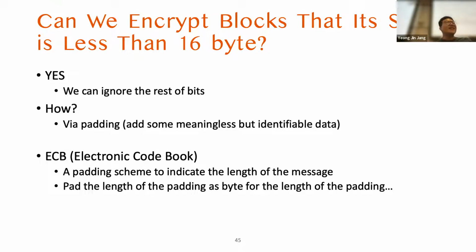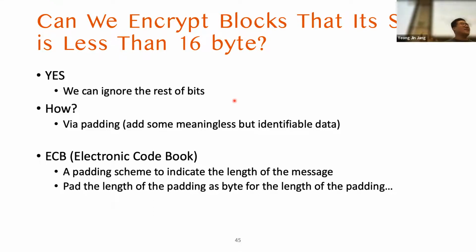We cannot distinguish that. So to make it explicit, there is a block scheme, so-called ECB, Electronic Code Book. It is a padding scheme that lets this kind of block cipher encrypt any size of message, not just sizes less than 16 bytes but also message sizes bigger than the block size.